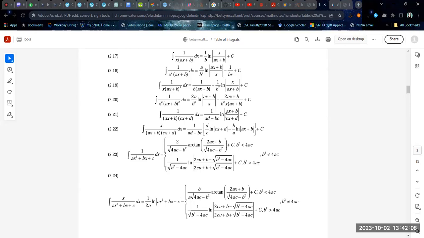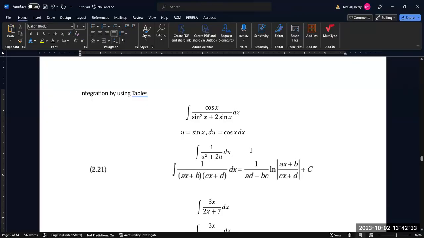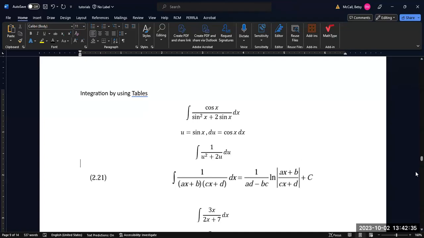So what I'm going to do to make my life a little easier is print screen this one formula, this was the one that we were going to use right here. And then we're going back to our file. I'm going to just paste this right here so that I can copy it.